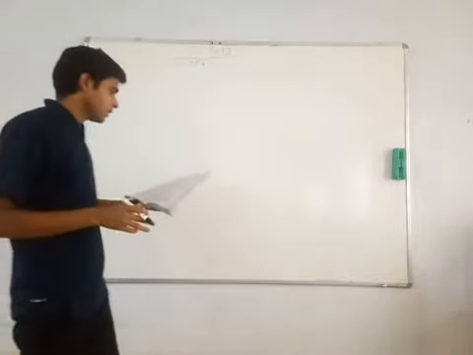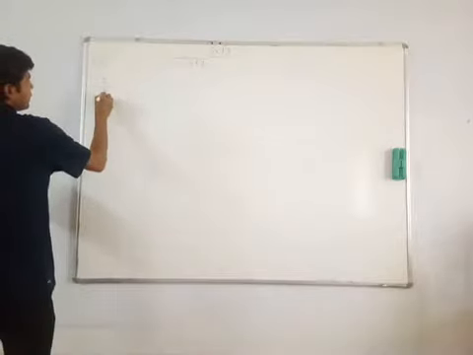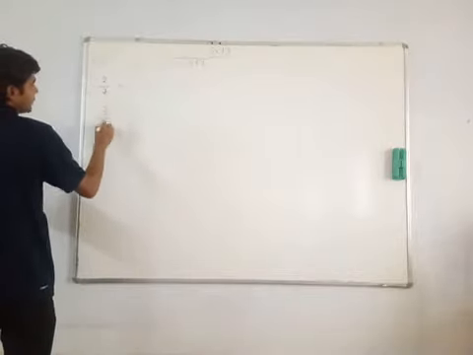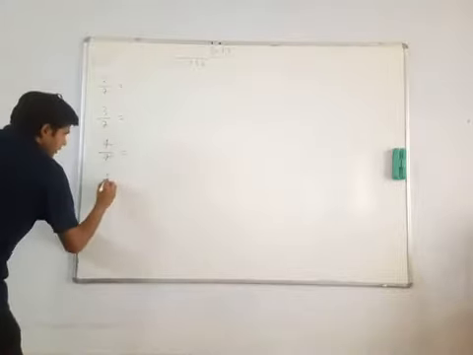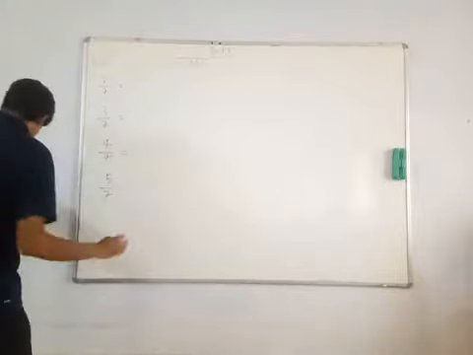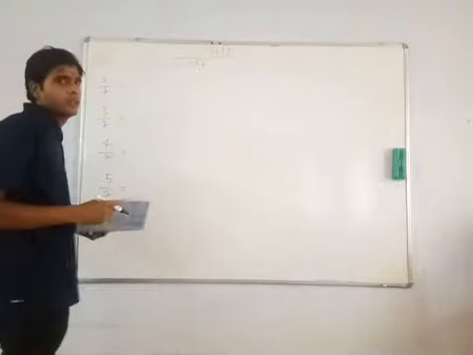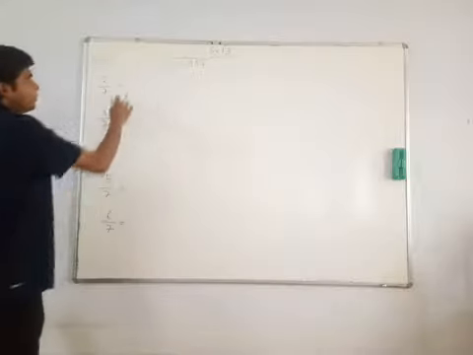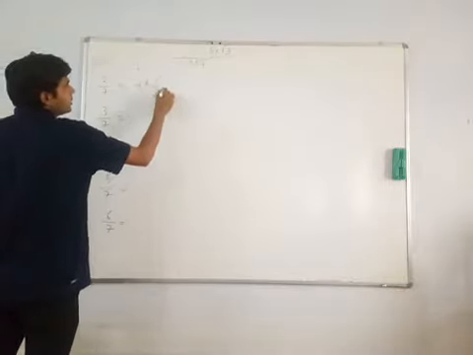So what is the decimal expansion of 2 upon 7, 3 upon 7, 4 upon 7, 5 upon 7, 6 upon 7? So 2 upon 7, you write as 2 into 1 upon 7.